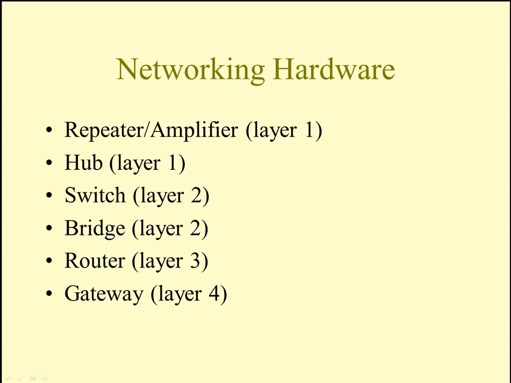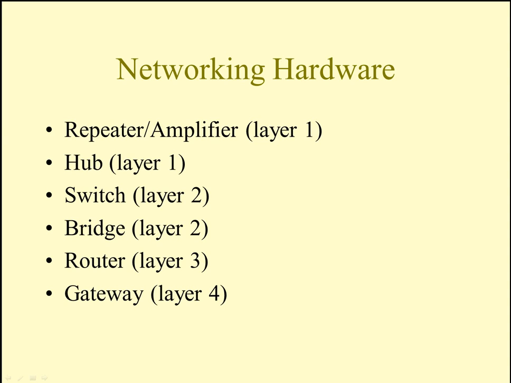So the router operates at layer 3. This is the network layer of the OSI model. The router has some specific purposes, with one of the primary purposes being routing. And this is how our packets are able to make it from a source to a destination.